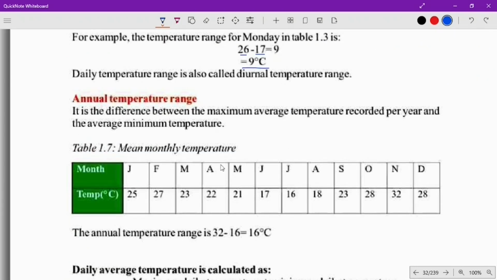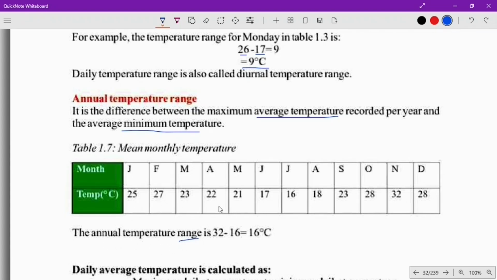Annual temperature range. It is the difference between the maximum average temperature recorded per year and the average minimum per year. For example, we are given our temperature graph for 1 year. What do we do to calculate the annual temperature range?